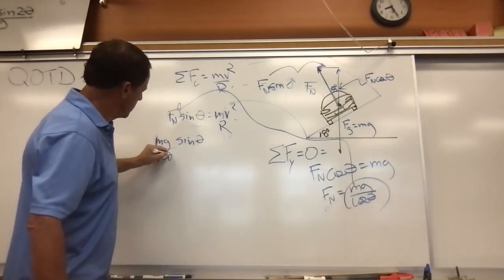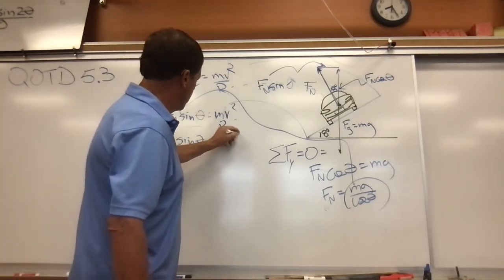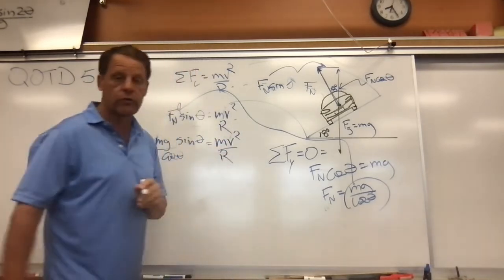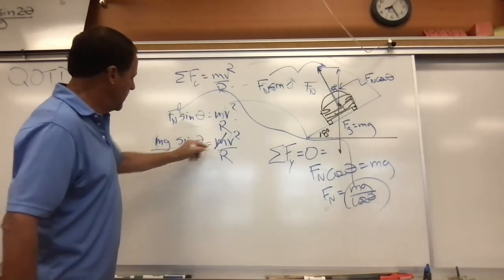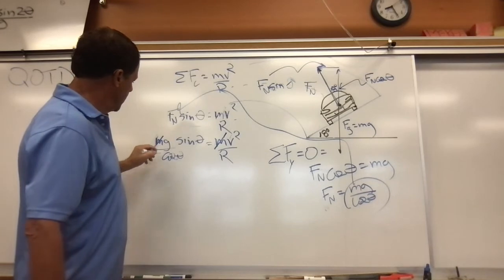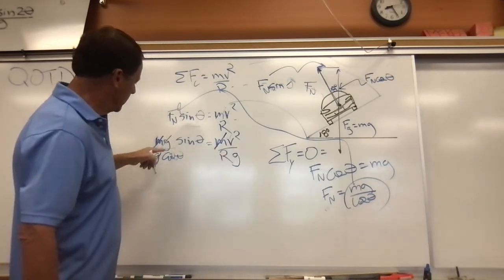Mg over cosine theta is equal to mv squared over r. Now our m's are going to cancel out. We're going to divide both sides by g. That's going to cancel out.